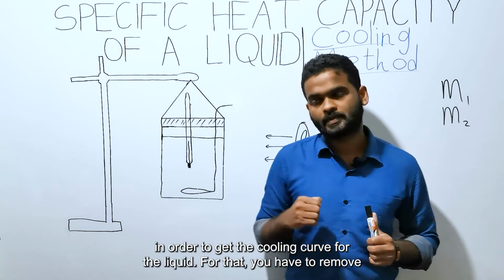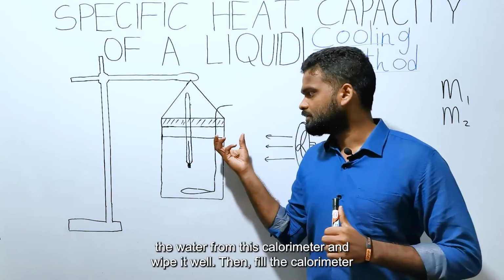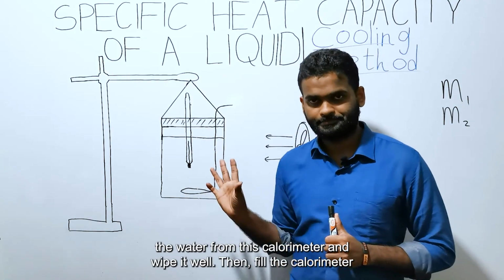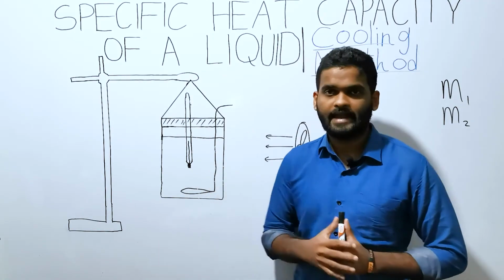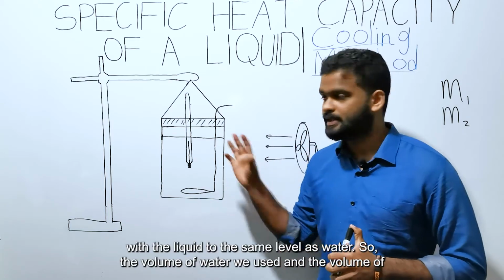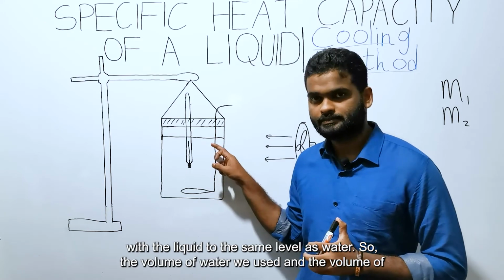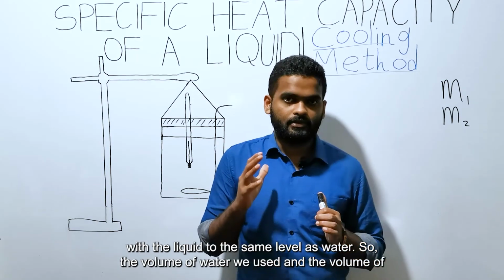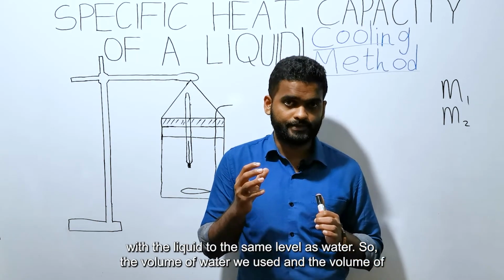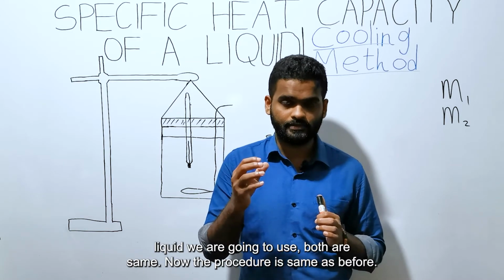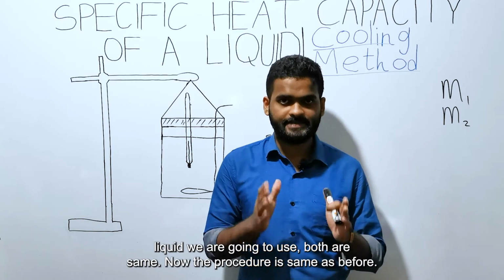For that, you have to remove the water from this calorimeter and wipe it well. Then fill the calorimeter with the liquid to the same level as water. So the volume of water we used and the volume of liquid we are going to use, both are same.